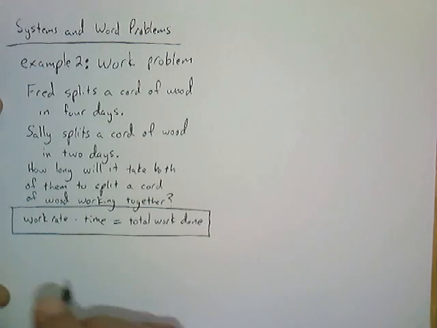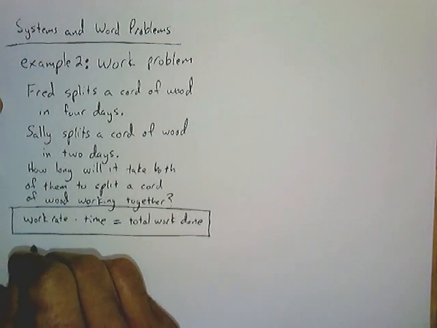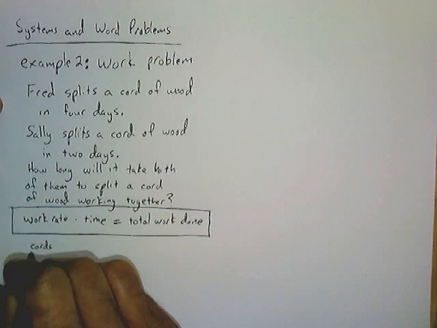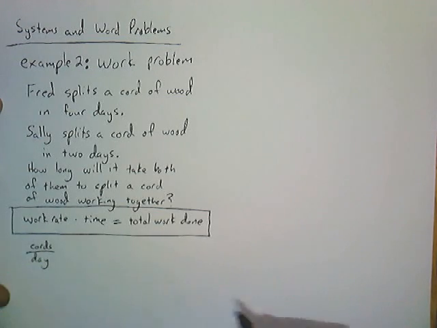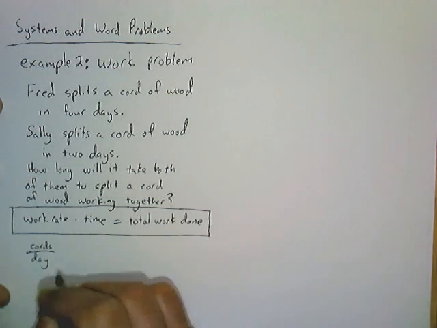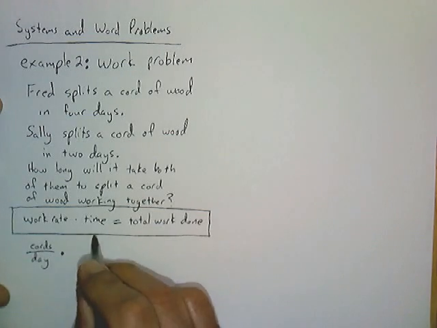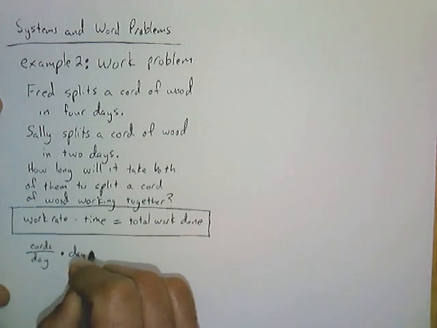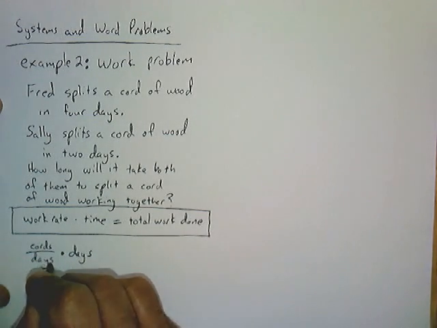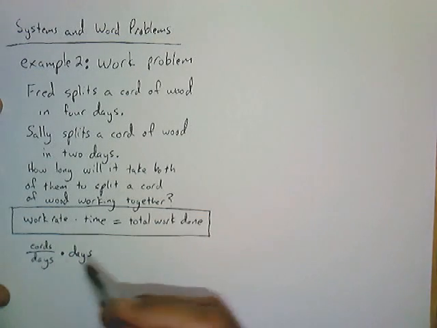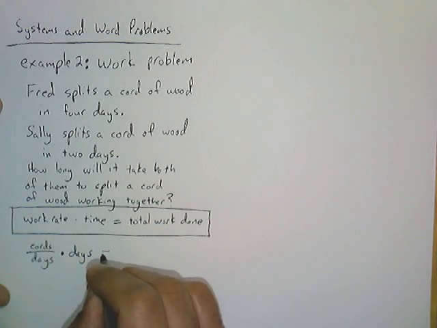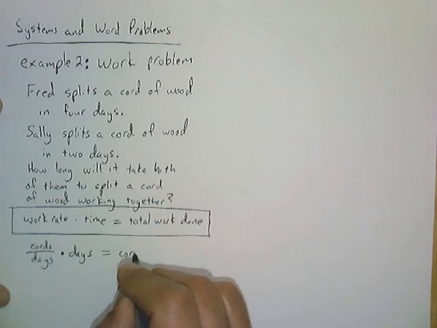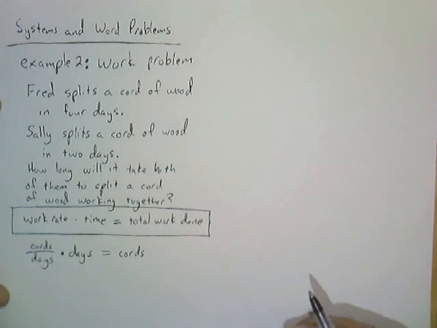So the work rate, well, that's going to be in cords per day as the units for that. So of course time should be given in days. The number of cords divided by some number of days, hopefully 1 day for a unit rate. That should equal the number of cords that are totally split.